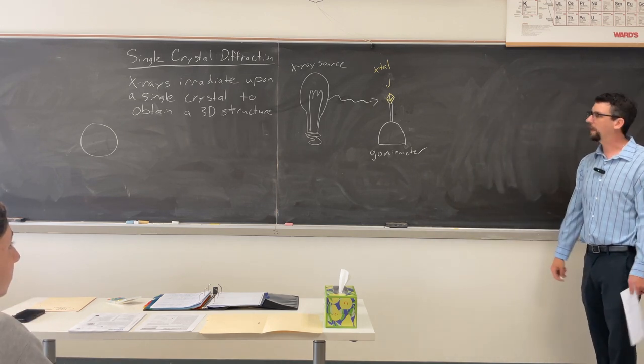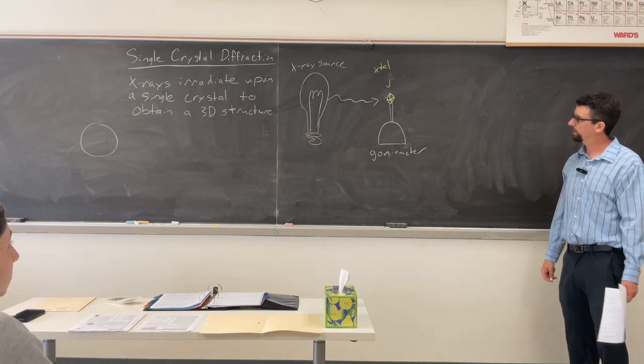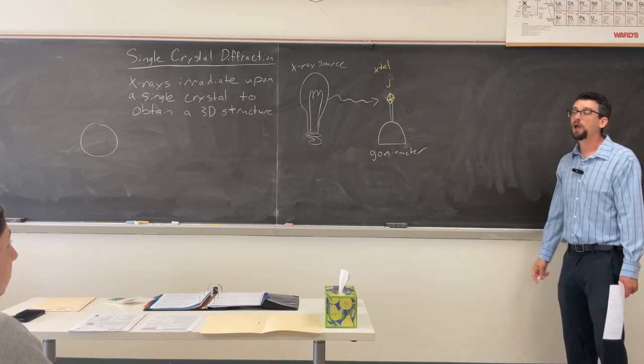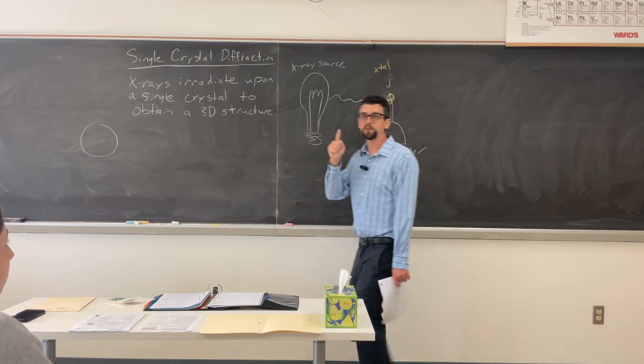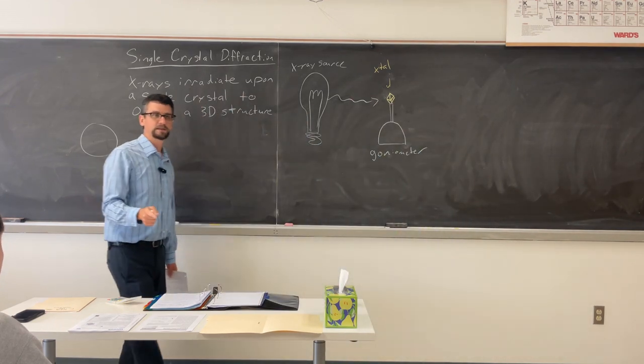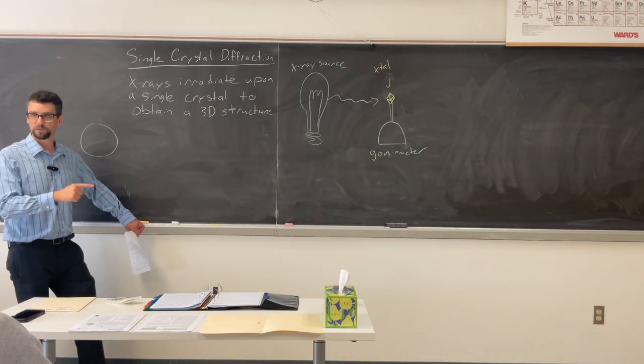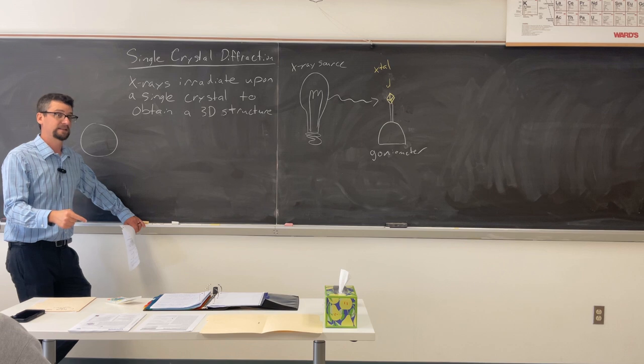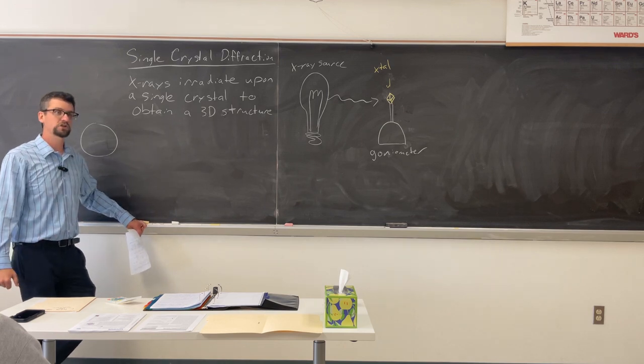Fun. Okay, what's going to happen as we bombard this sample with X-rays? We are scattering because we are assuming that this type of technique is what? What type of scattering? Elastic. So meaning no energy is transferred.